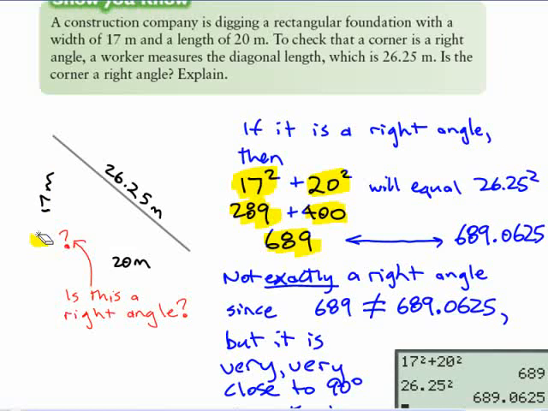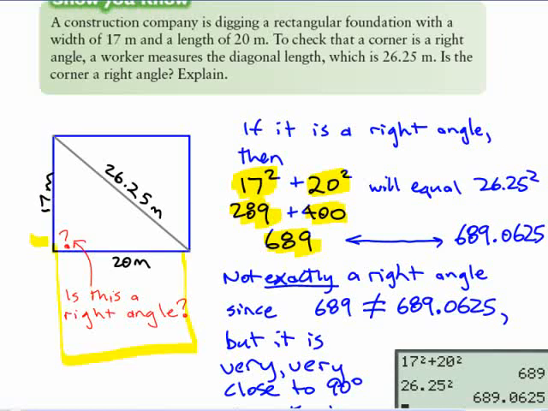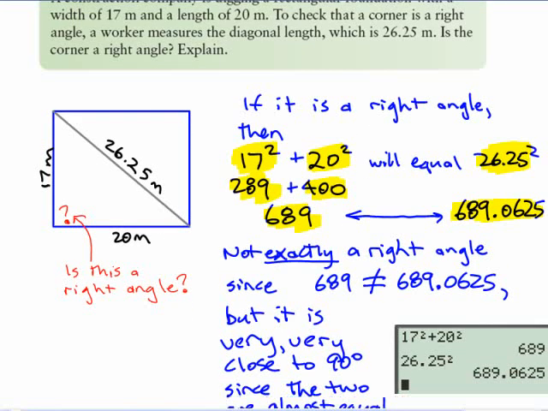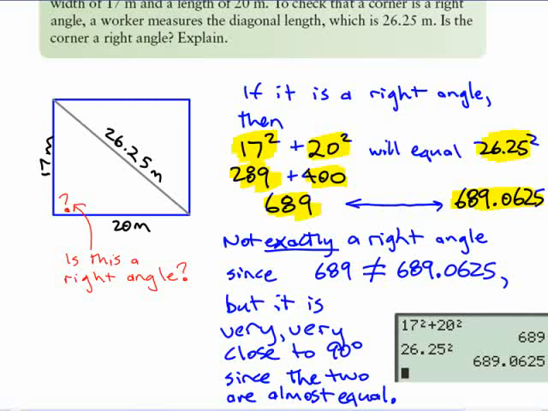If you work out what the area of the big square is, it's this. 689.0625.